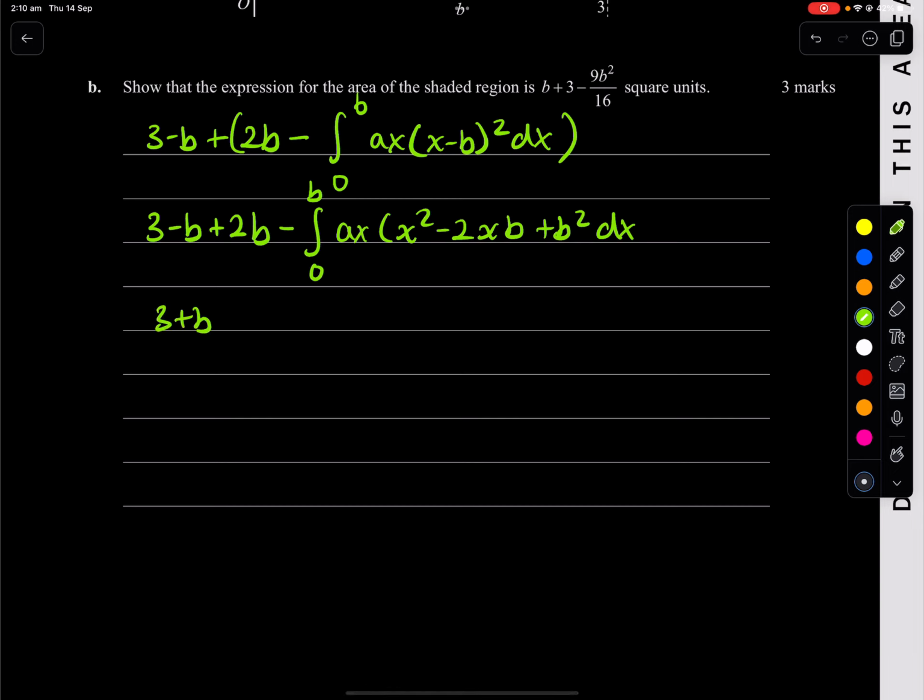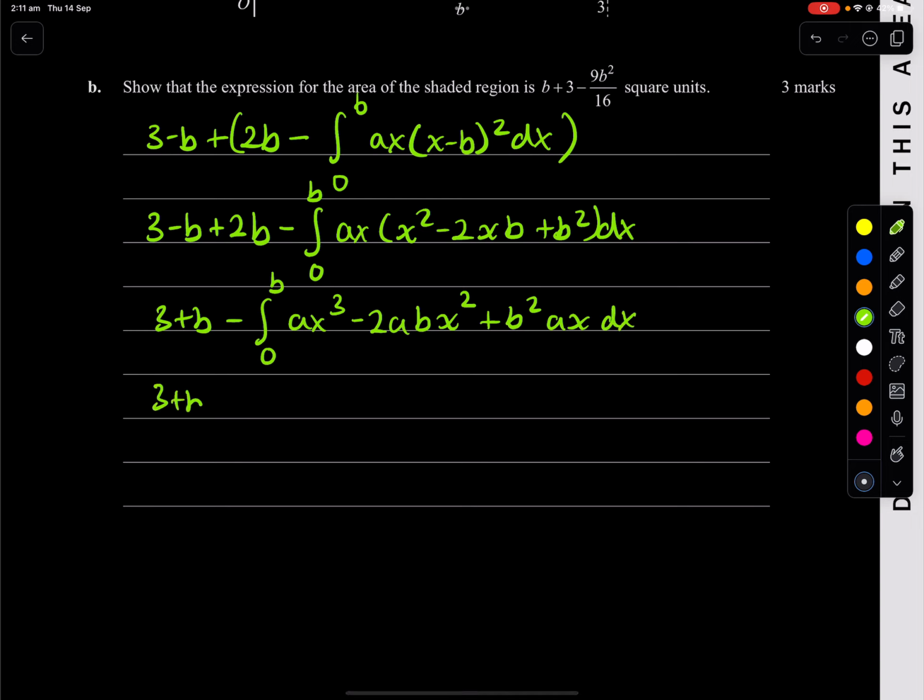Minus the integral from 0 to b of ax cubed minus 2abx squared plus b squared ax dx. Have I done anything wrong here? Ax to the power 3 minus 2x squared ab, perfect, plus bax, yep, dx.